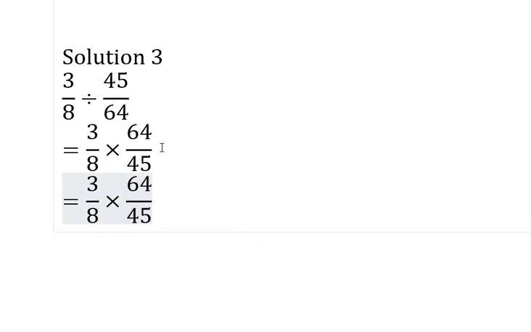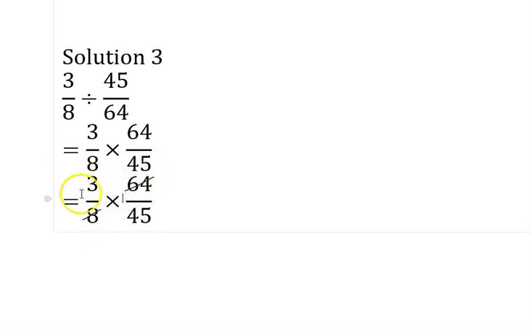So let's see what number we can work with that can help us break into smaller numbers. Okay, 8 can cut itself to be 1, and 8 and 64 give us 8.